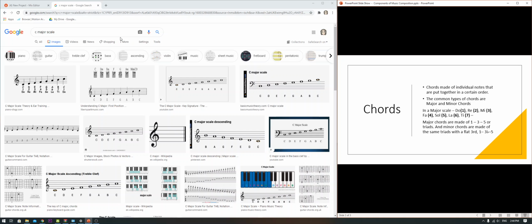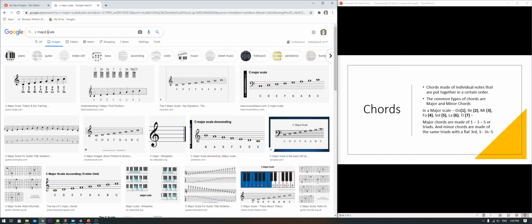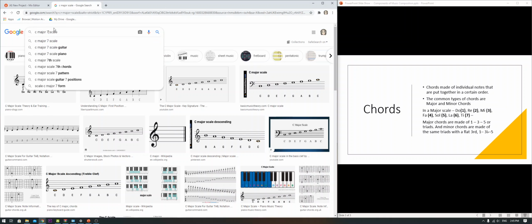If you want to find out what chords should be played in your song, just Google it. For example, I am now in C major scale, so in C major seventh. So I can search C major seventh chord progression.